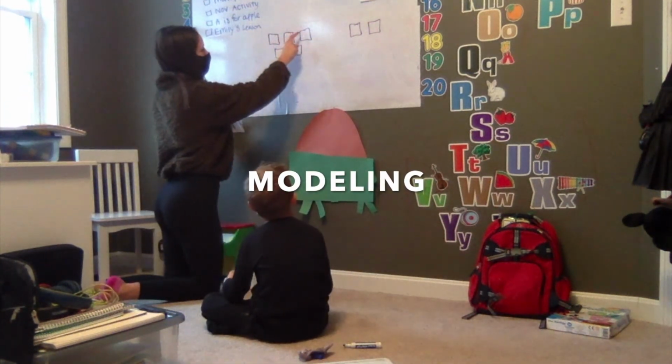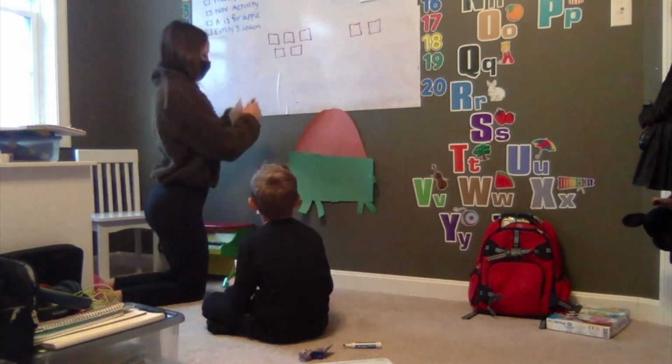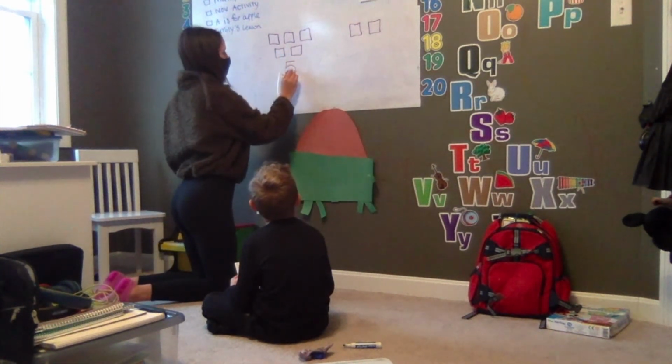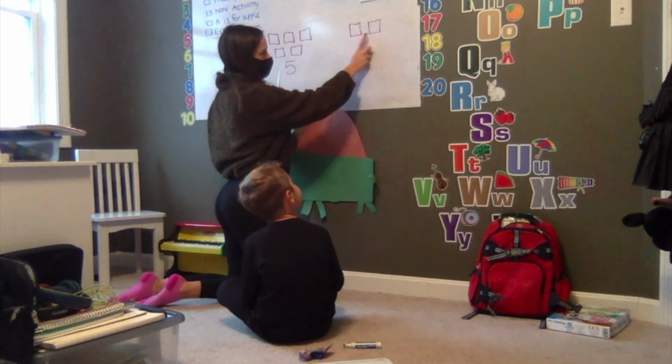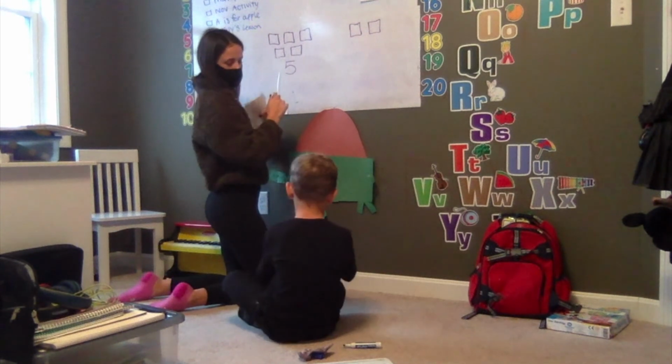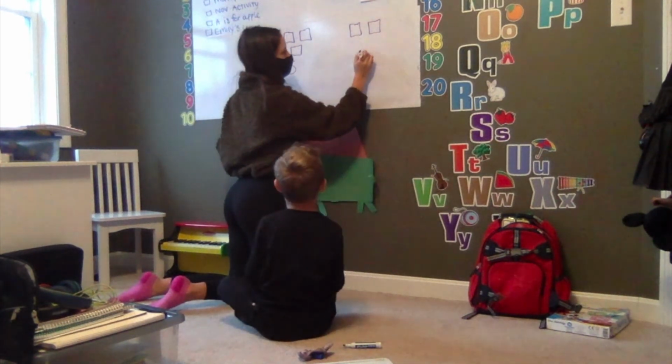1, 2, 3, 4, 5. Okay, so I know that there are 5 on this side. There's my number 5. Can you help me count this one? 1, 2. So how many are on this side? 5. How many are on this side right here? 2.